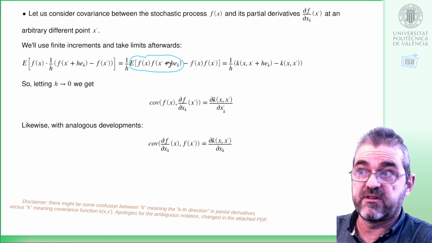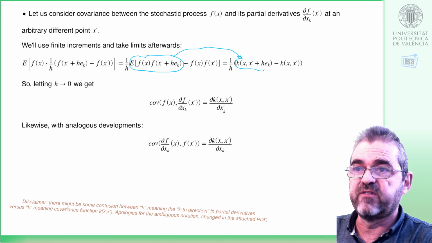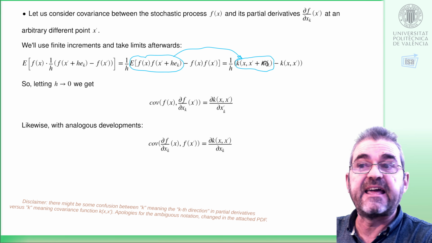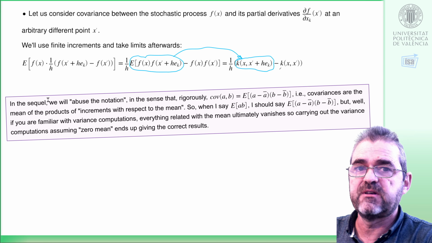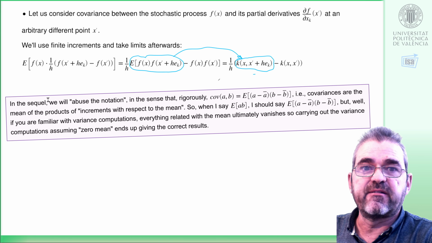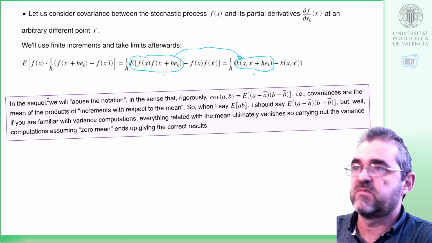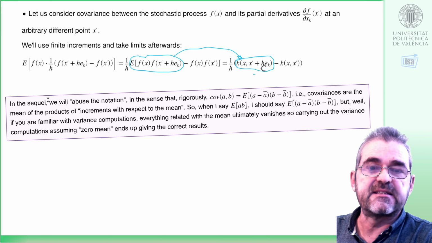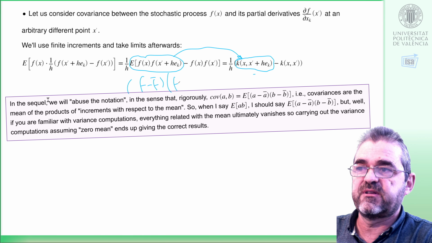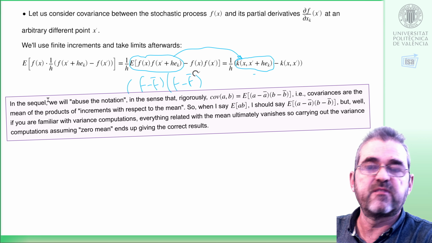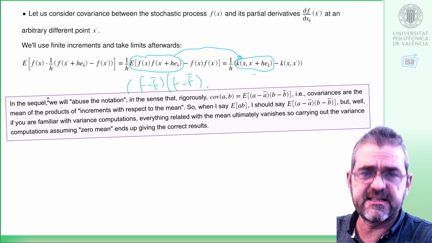And the expectation of this thing is, by definition, the covariance between x and x prime plus h e_k. Okay, we should subtract the mean, but that would complicate the notation. As in many variance computations, quick and dirty calculations with zero mean just work, because kappa is actually the mean of f minus f bar at a point and f minus f bar at a different point. But okay, means cancel out.